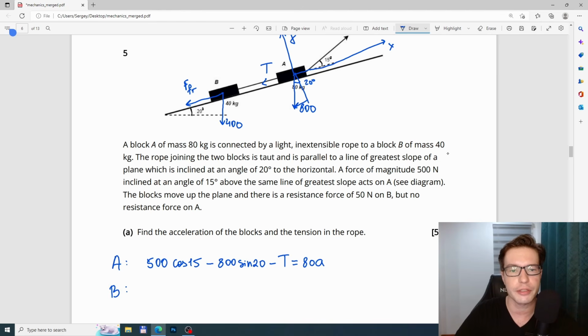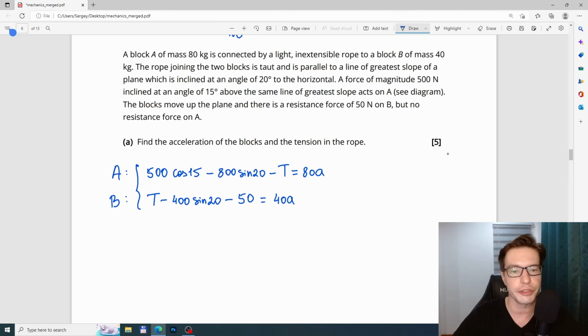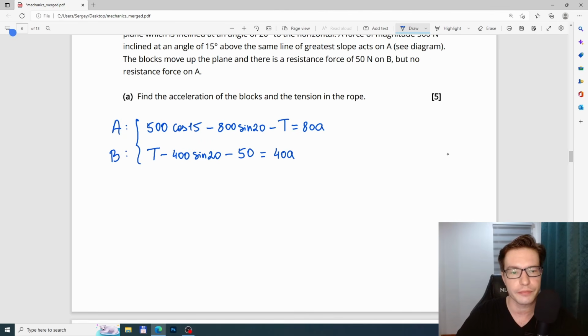Now for the block B, tension acts upwards. So we got tension minus 400 sine 20, and there's also force of friction, which equals 50 newtons, and all of that should be equal to 40A. Now let's solve the simultaneous equations, so let's add them up.